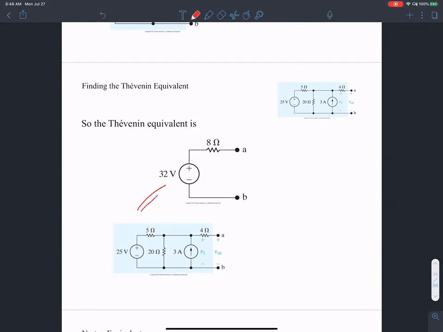It can be simplified into a circuit that has a resistance in series with a voltage source. This is the Thevenin's equivalent.